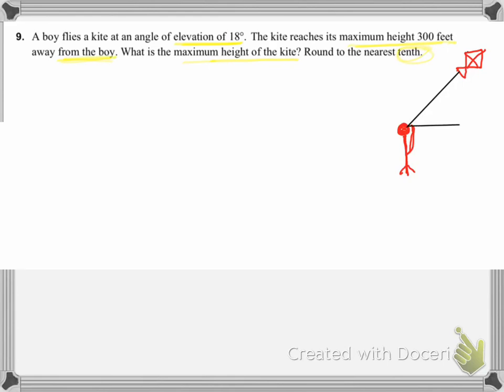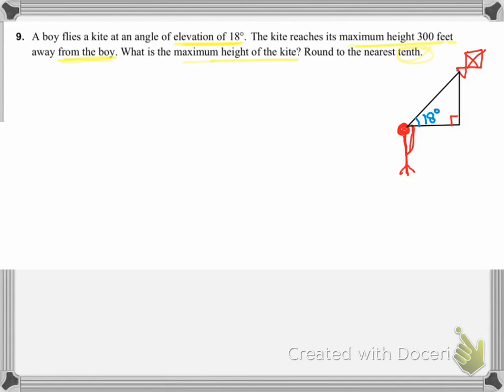This thing is 300, and then we can form a triangle here. This is going to be 90 degrees because this is an angle of elevation. And this angle is 18 degrees.